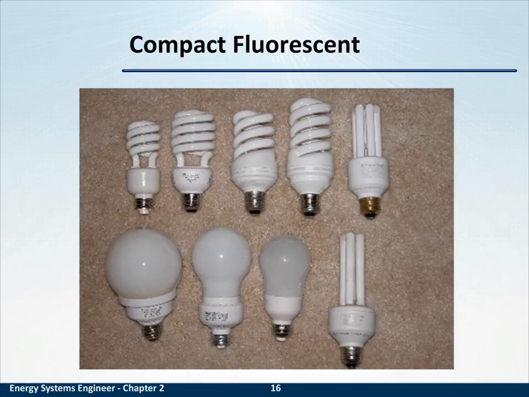One example would be the globe geometry in the lower left. This is meant to replace a globe incandescent lamp that's visible outside the fixture. Of course, if you put a spiral lamp, the one above it, in that fixture, it wouldn't look right.